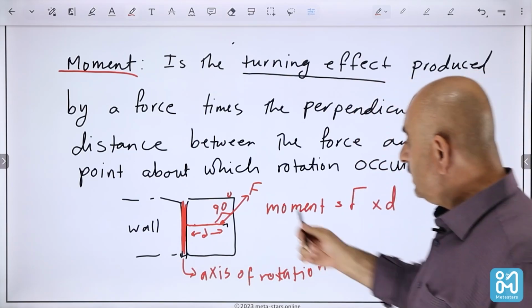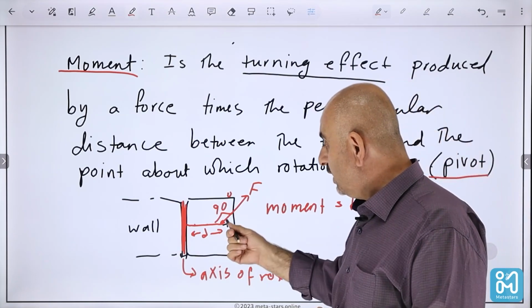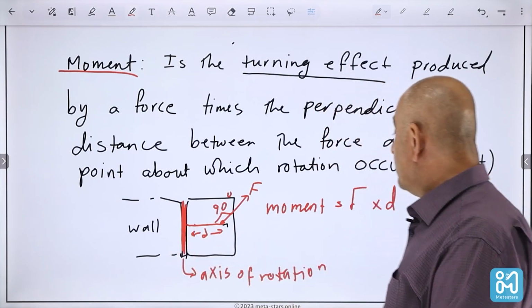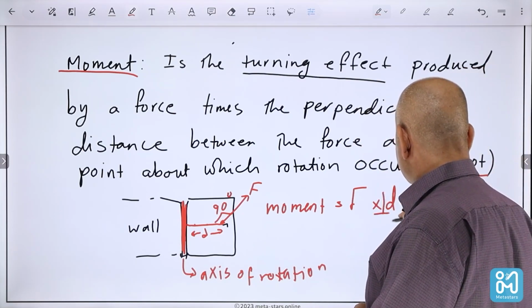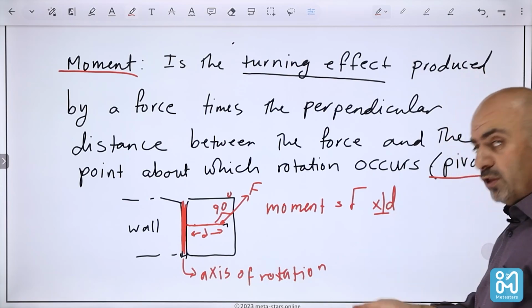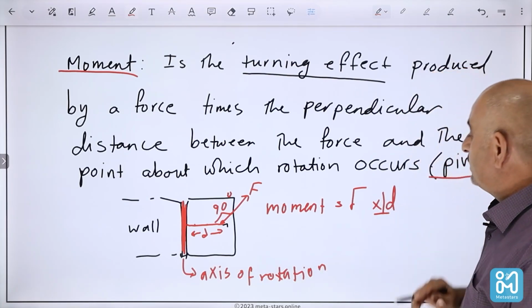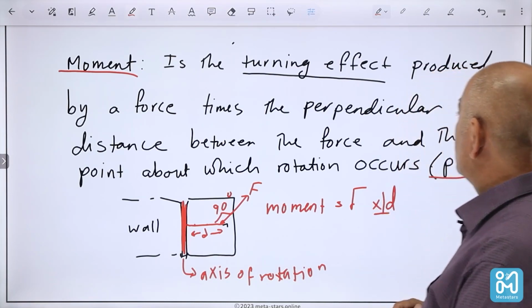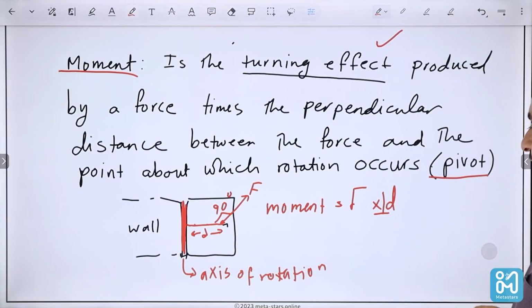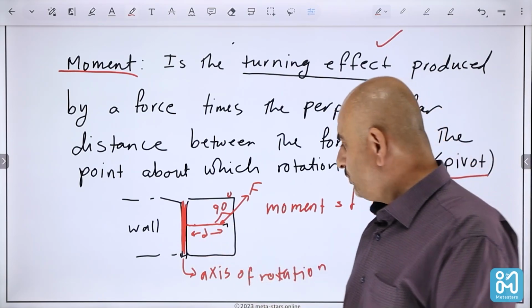The force has to be perpendicular to the distance, or the distance has to be perpendicular to the force. So this symbol here means perpendicular distance. Force times perpendicular distance will be moment, or what we call turning effect. The farther away we push the door, the more turning effect we produce.